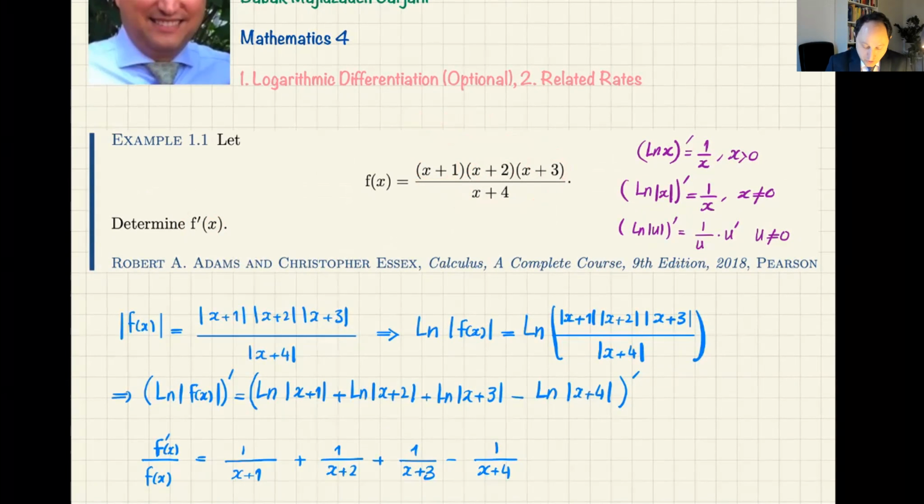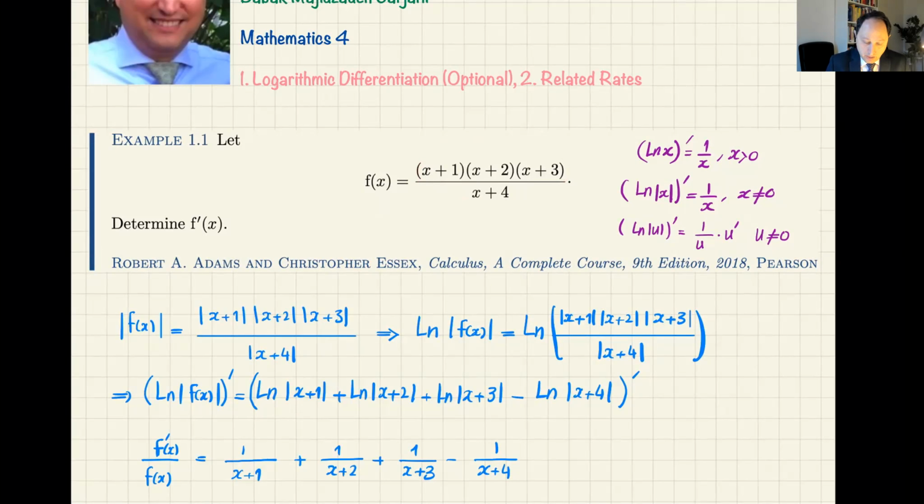But when I write just ln of x plus 1, if I want to be very clear about everything that I am doing, I need to make sure that x plus 1 is positive. Here, I don't have any restriction to have x plus 1 positive, so in principle x plus 1 could be negative as well. But if x plus 1 is negative, then I will have a problem here.